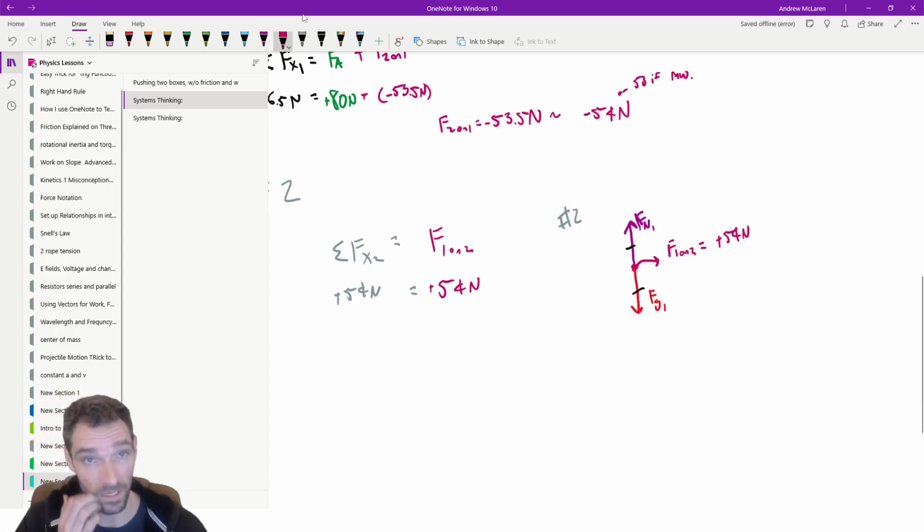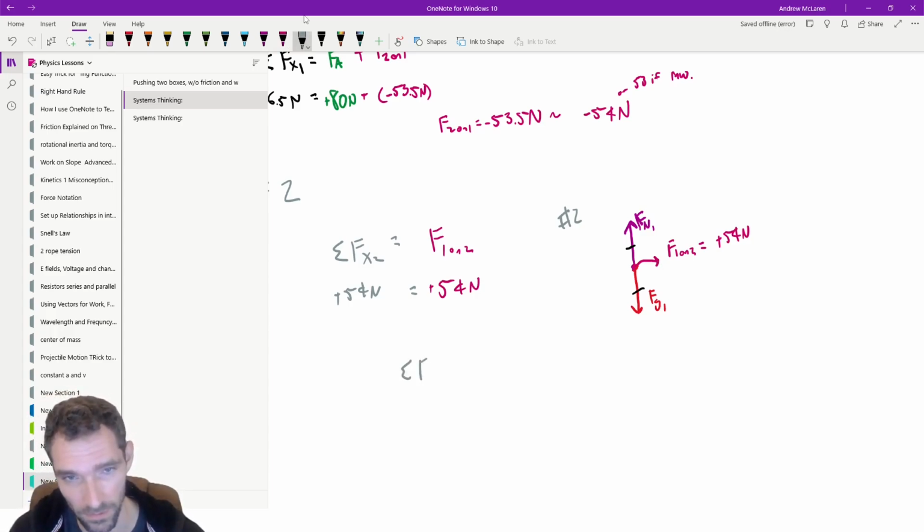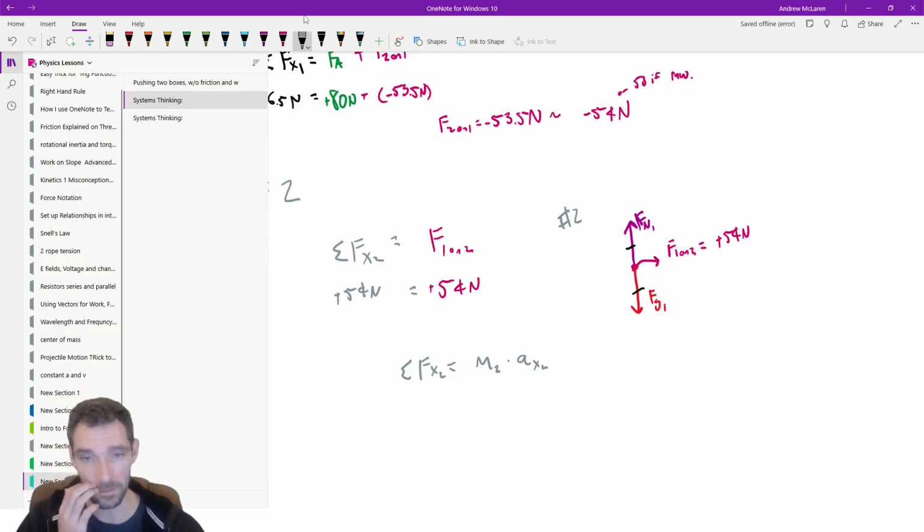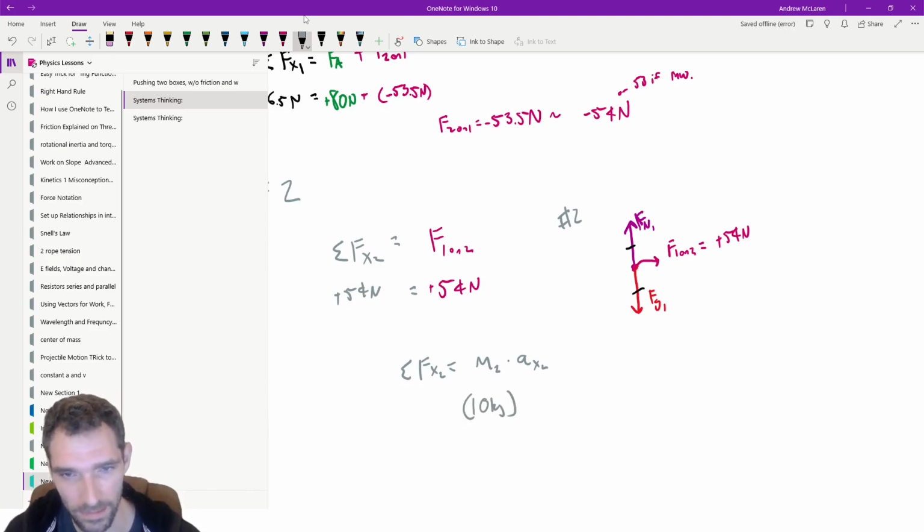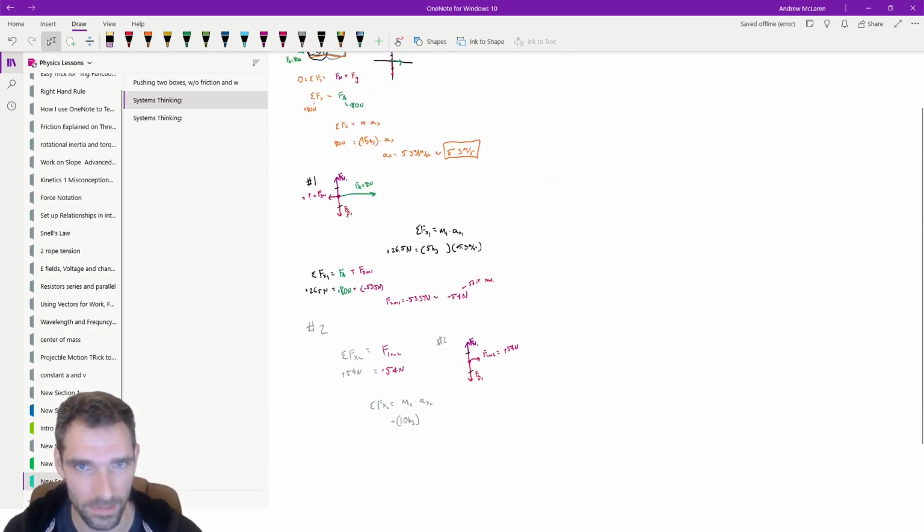We can double check that by looking at the sum of forces in the x direction being equal to the mass. In the situation, we're talking about mass 2 times the acceleration in this x direction for mass 2. So mass 2 was going to be 10 kilograms. And we'd said that it was experiencing an acceleration that was the same as the other ones.